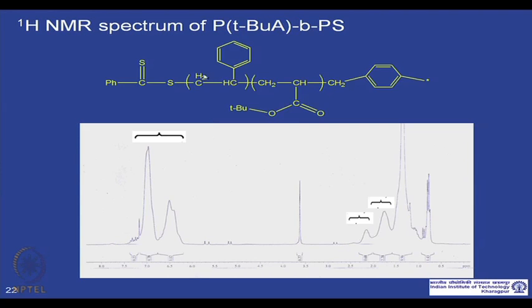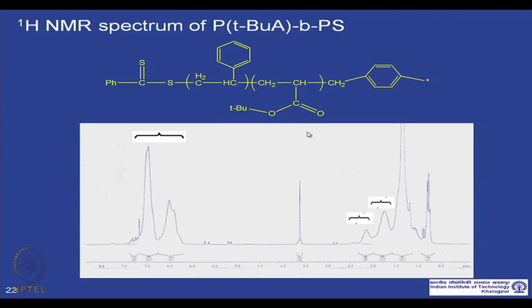From the ratio of these 2 you can find out the molar ratio of the styrenic moiety and the tertiary butyl acrylate moiety, and you already know the molecular weight of the tertiary butyl acrylate moiety. So, now you can find out the molecular weight of the styrene block as well.